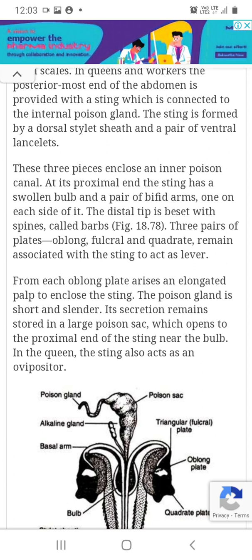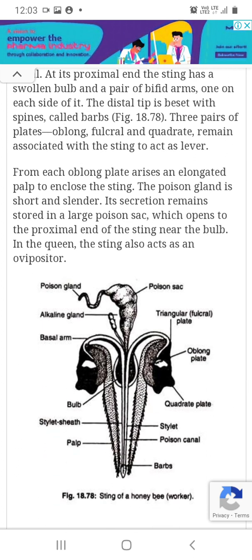At its proximal end, the sting has a swollen bulb and a pair of bifid arms. As you can see, the basal region is swollen and it has got two arms. The distal tip is beset with spines, and there are spines in the distal end of the lancet called the barbs.